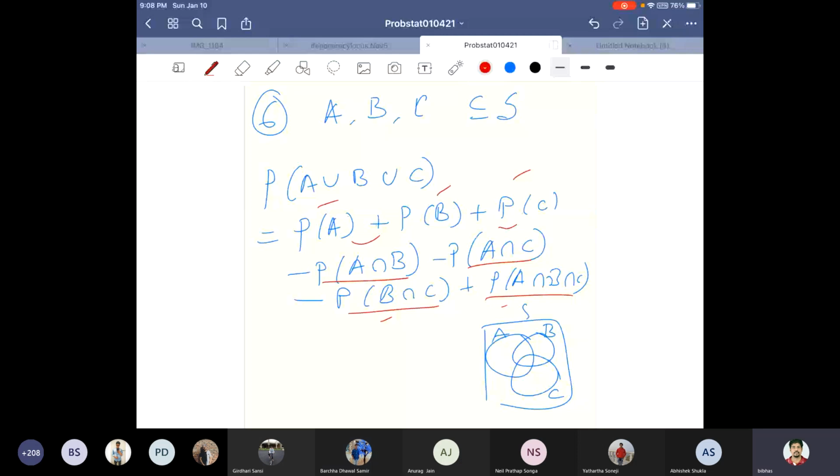I am saying A, B, C are three events, let us assume. They could be mutually exclusive, meaning they could be all disjoint. Then if they are all disjoint events, you can have a situation like this.